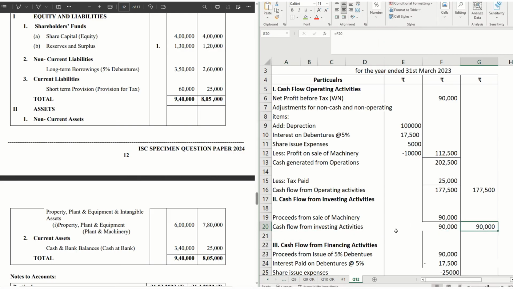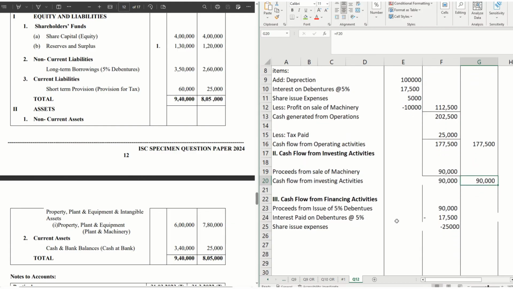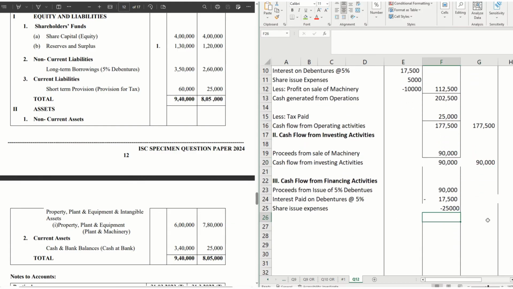Okay, 90,000, which is a positive figure as well. And here we have the financing activity, 47,500. That becomes our cash flow from financing activities. This is a positive figure as well.